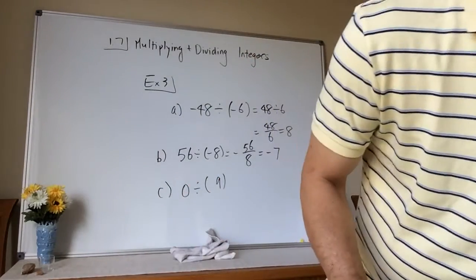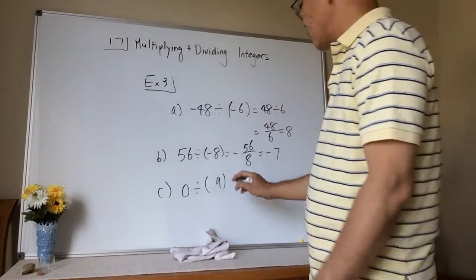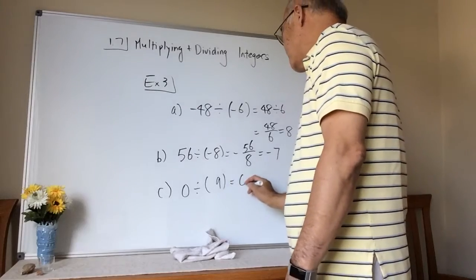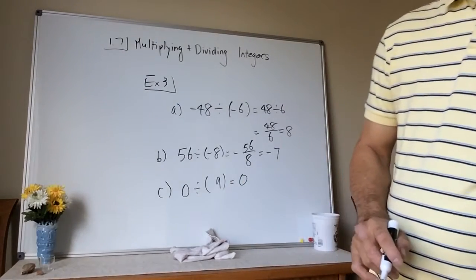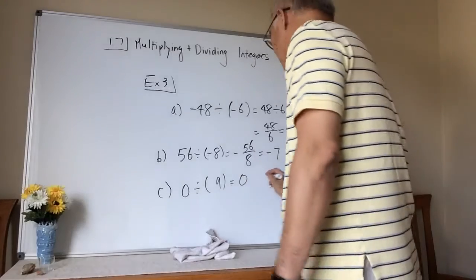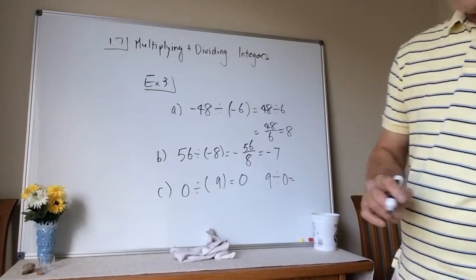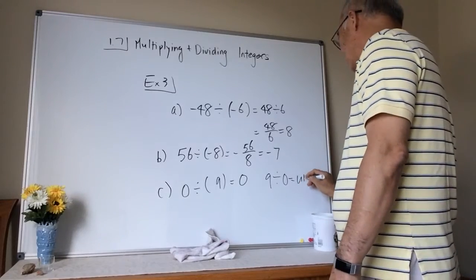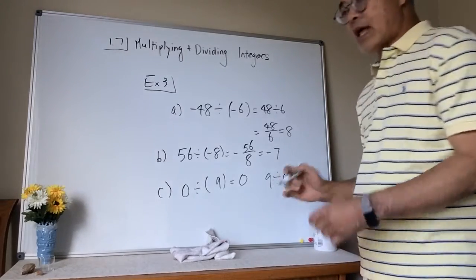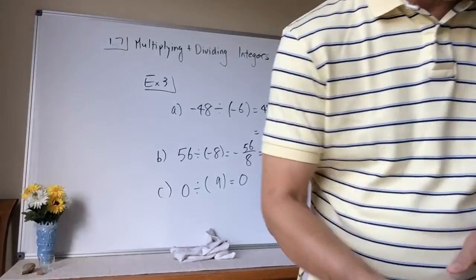It's neither positive nor negative, since 0 divided by any number is 0. Just for your information, 9 divided by 0 is undefined. You are never allowed to divide by 0.